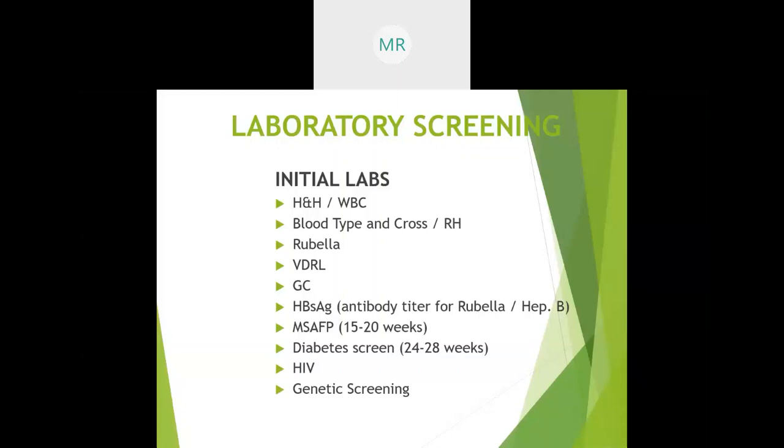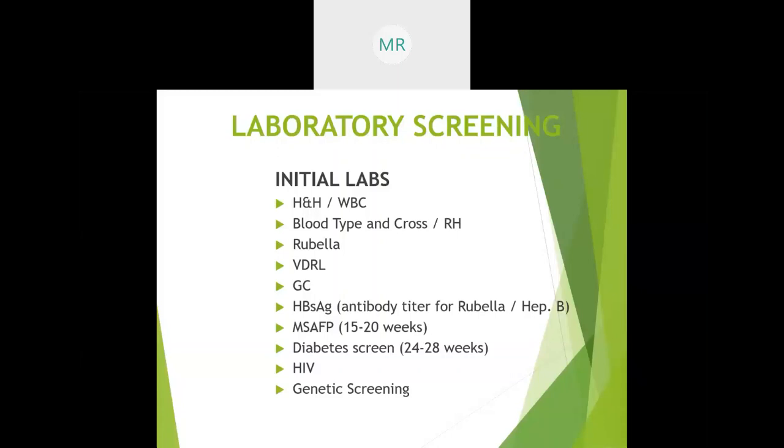Okay, so the 1-hour glucose tolerance test is this diabetic screen that we do at 24 to 28 weeks. Okay, 50 grams of glucola, which is that oral glucose. You draw the blood an hour later. If it's more than 140, then it's a positive diabetic screen. If it's less than 140, it's negative. If it is positive, then we do a 3-hour glucose tolerance test. And that's when there's a couple of things we need to do.